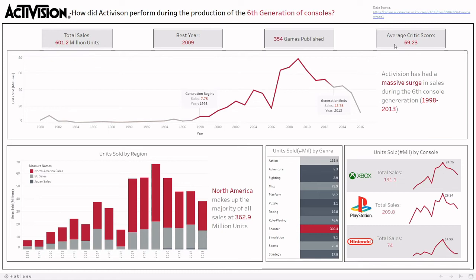The reason I've included these is just to get some information across that might not be apparent, or if someone's just glancing over the dashboard, they'll at least have some takeaway. These are the key points, and this is a performance overview, so this does reflect the performance of Activision.